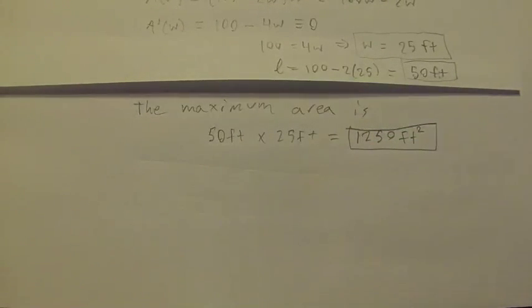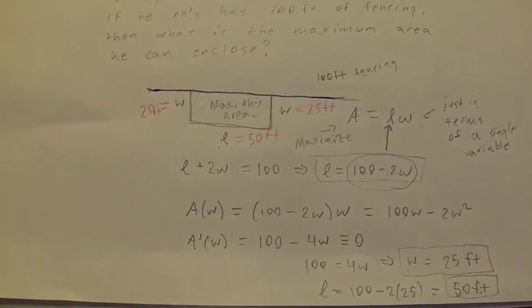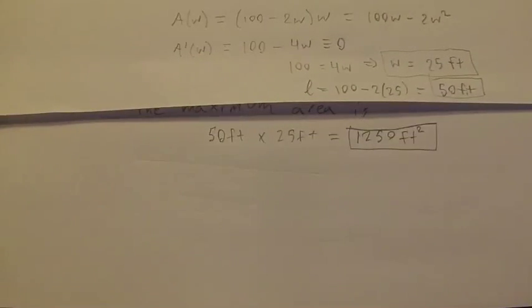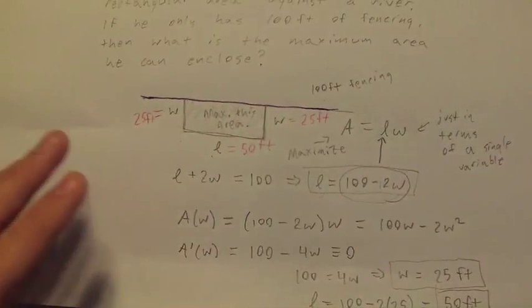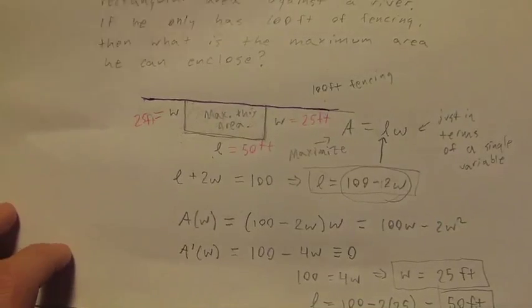Now you might be thinking, well, hold on. You didn't check to see if this was actually a maximum or a minimum. Okay, well, the reason is because just the way the problem is set up, it has to be the maximum, right? If a maximum exists.